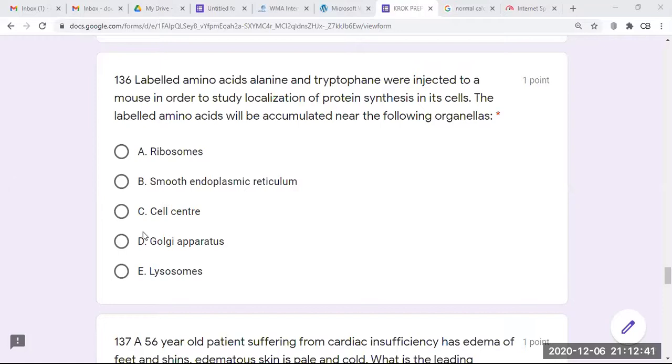All right, this question, I know everybody knows the answer, right? Inside the cell, we have the nucleus, and inside the nucleus, we have DNA, and some part of the DNA called a gene will be expressed and will form another RNA called mRNA.